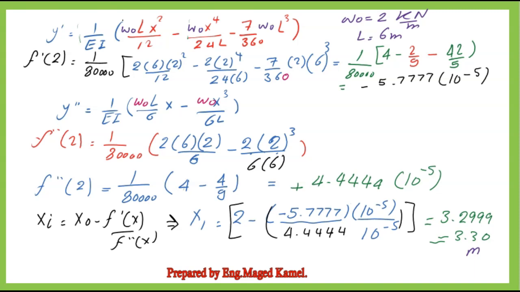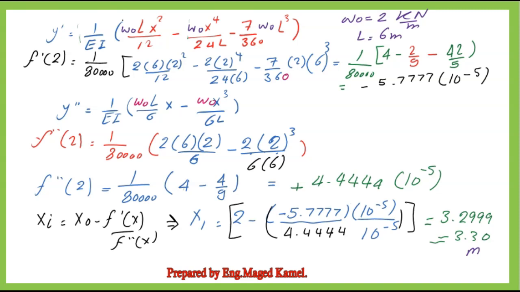It will be x i plus 1 equals x naught minus f dash of x over f double dash of x. So x1 equals 2 minus, we take this value, minus 5.77 by 10 to the minus 5, and divide it by the f double dash of 2, which has a value of plus 4.444 by 10 to the power of minus 5.